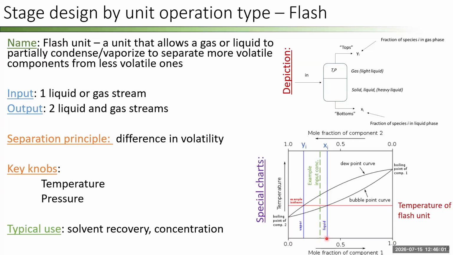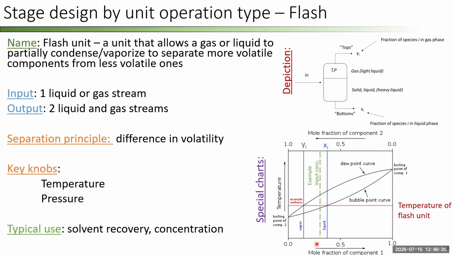So I've got more methanol than ethanol, right? Conversely, if I go over to the dew point curve, this will tell me what the mole fraction is in the vapor phase. We can see that in this example, if it's methanol and ethanol, we would have less methanol in my vapor phase compared to the inlet quantity.